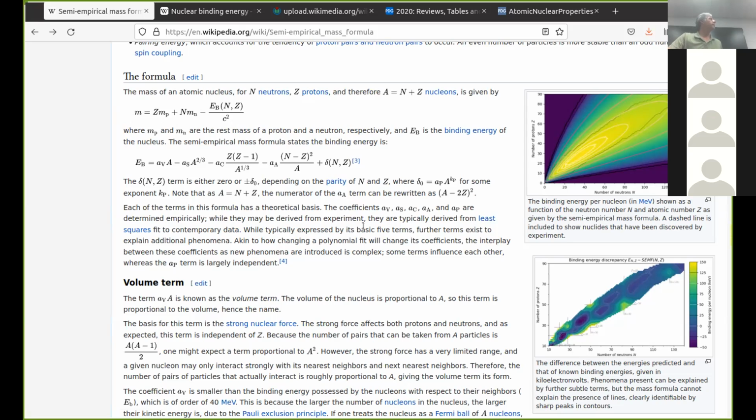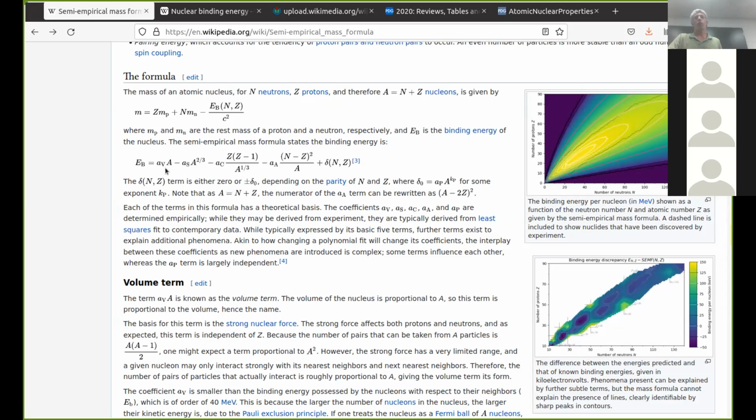So then I want this equation to calculate the binding energy, right? And so the volume term is just proportional to the volume, which is given basically by the total number of nucleons, number of neutrons plus number of protons.